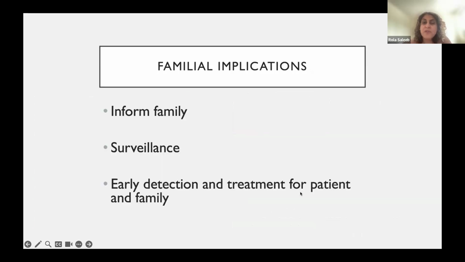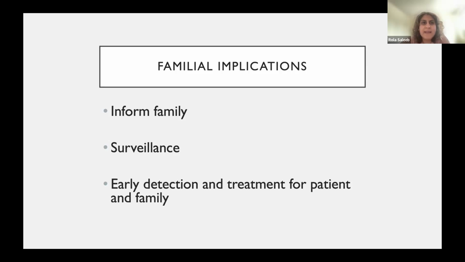So there are implications to the family and to the patient. To the patients themselves, if the patient has this hereditary mutation, they are liable to get other cancers. So they should be watched. They should be followed thoroughly in case they develop another cancer. And the family should also get tested.